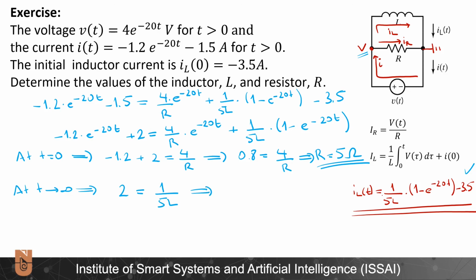From here, I will calculate L as 2L is equal to 1 over 5, and from here L is equal to 0.1 Henry. And I found both my R and L values for this question by evaluating the state of the system at t is equal to 0 and t is equal to infinity.